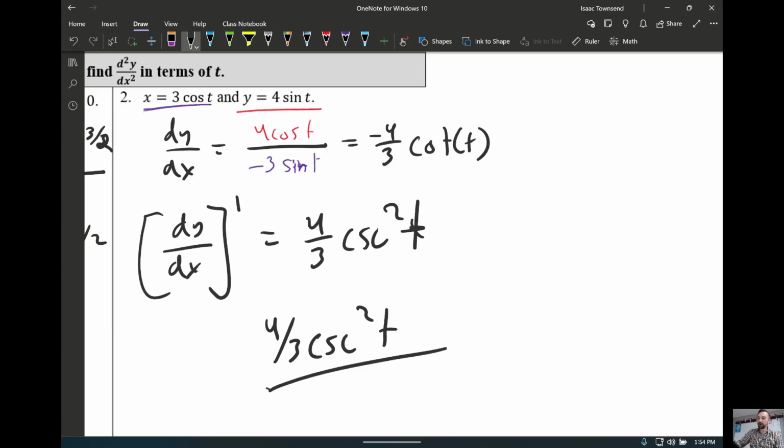Okay, divided by x prime. What is x prime? Negative 3 sine t. Right. You can redo that if you want to, but you really already thought of it to find dy dx. It's right there.